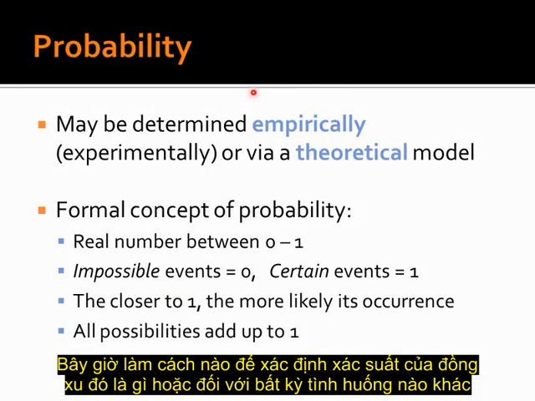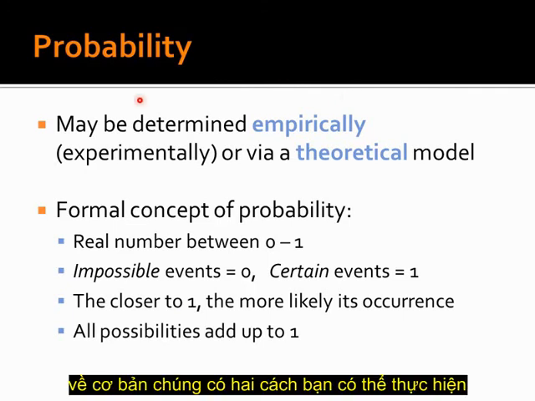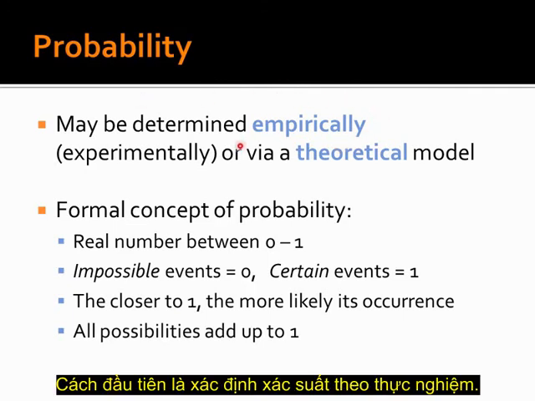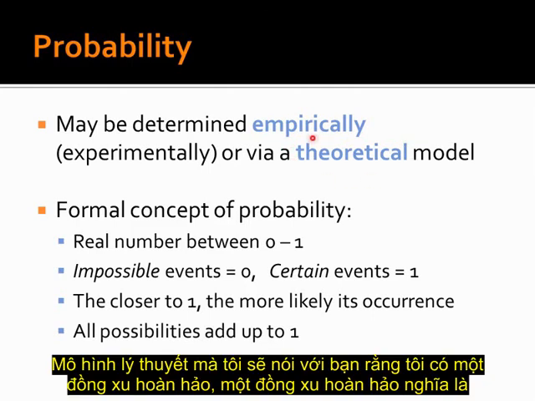Now how do I determine the probability of that coin, or for any other situation in the first place? There are basically two ways you can go about it. The first way is to determine the probability empirically, also known as experimentally, or via theoretical models, or in theory. Now, take for example, let's go back to the coin again. A theoretical model would be me telling you that I have a perfect coin.